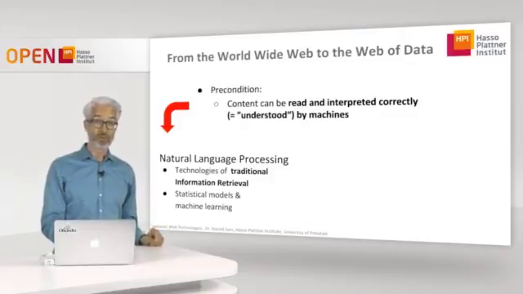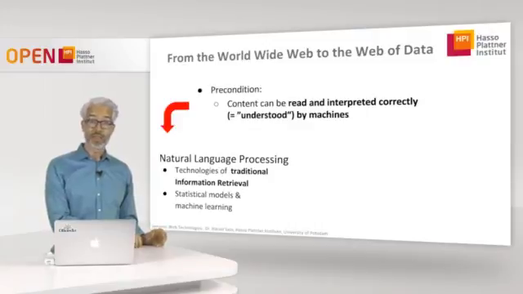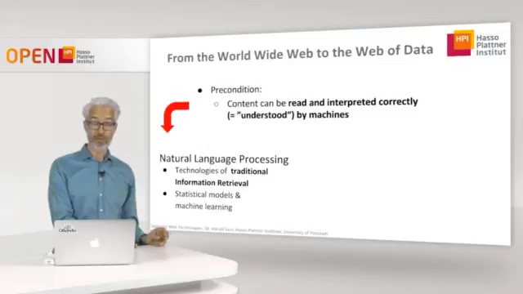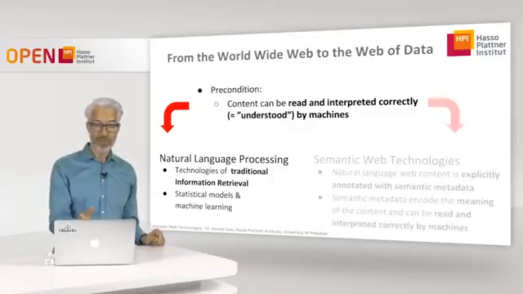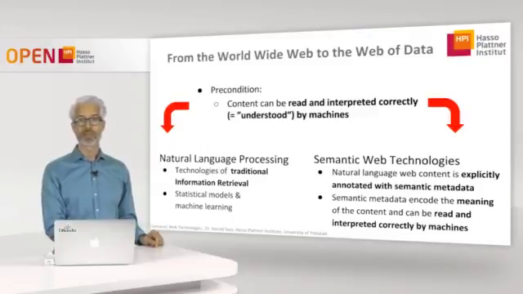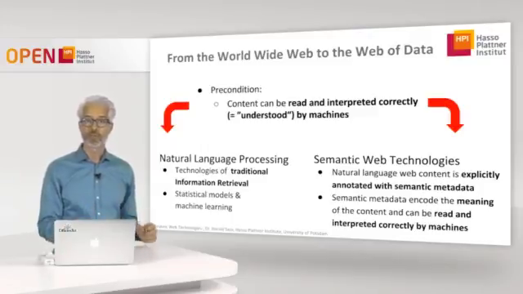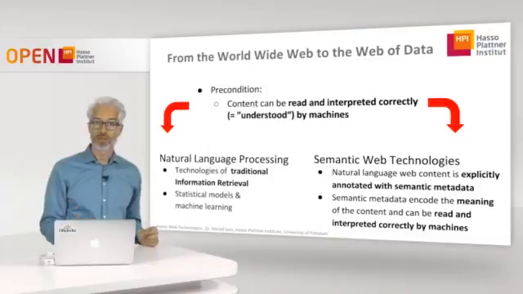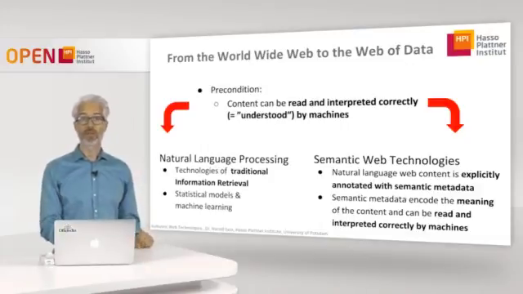Another approach could be not to convey the meaning, the semantics, in an implicit way as is done right now in the documents on the web, but to add explicit semantic information to these documents. And this is the way of the semantic web. In semantic web technologies, the natural language web content is explicitly annotated with so-called semantic metadata.